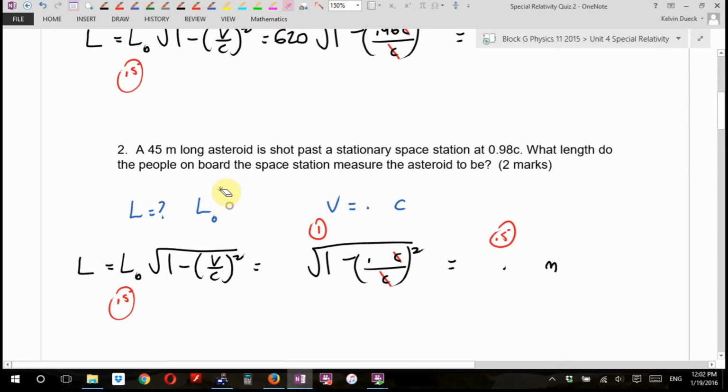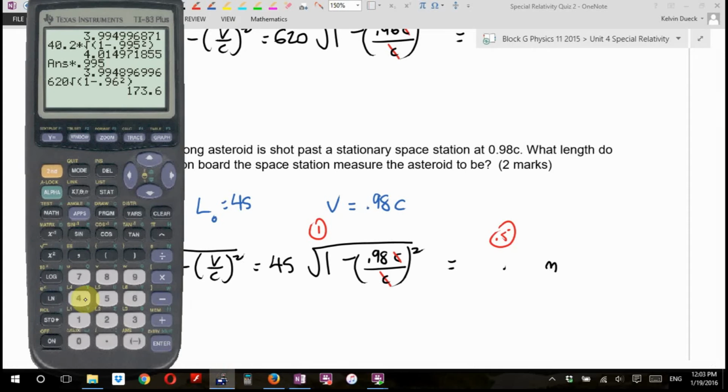L0 is going to be, apparently the original length was 45, and now we're traveling at 98% of the speed of light. I think this one almost worked out nice. 45 square root of 1 minus 0.98 squared.